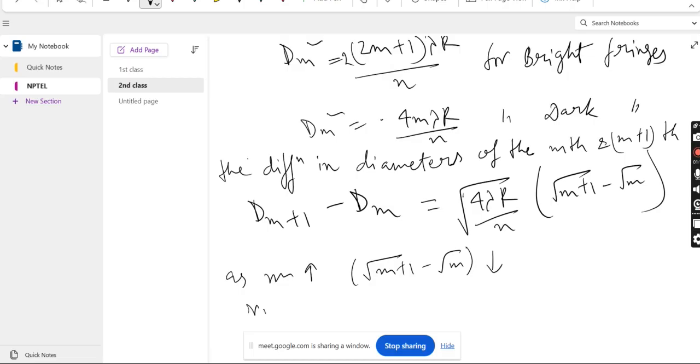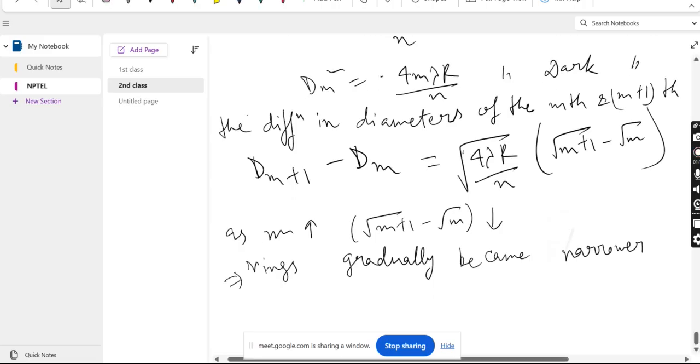So the rings gradually become narrow as the radius increases.